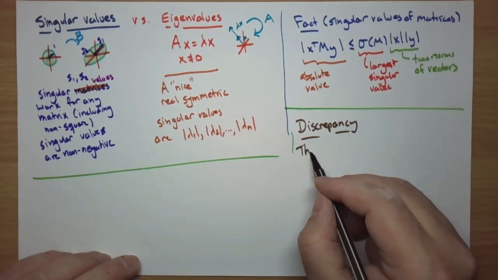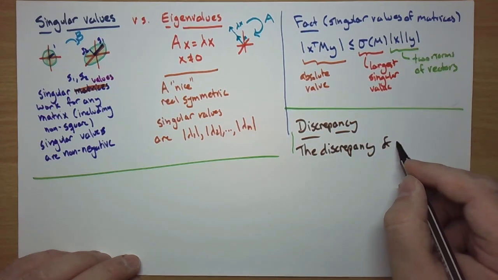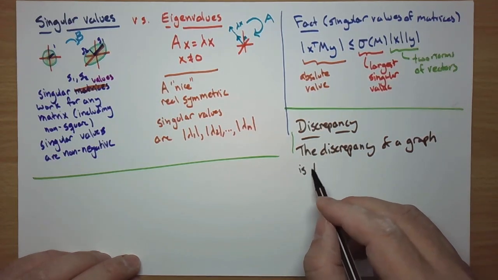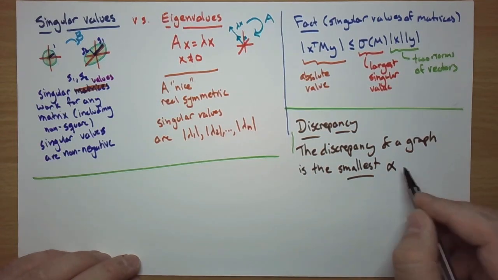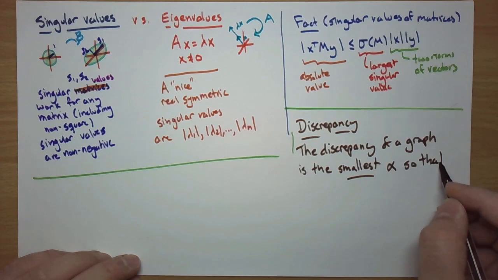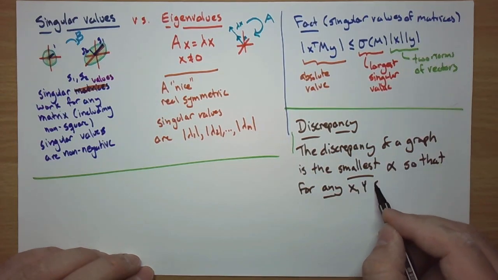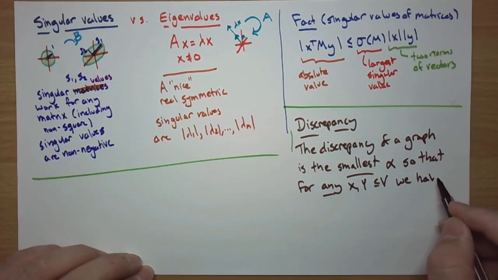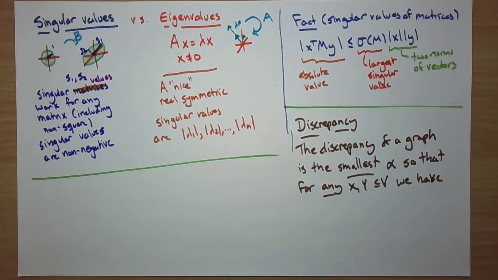So the discrepancy of a graph, it's a way to measure your graph, is the smallest alpha so that for any x, y subset of the vertices, and I'm going to pause here and I'm going to cheat by making a small change, which we're going to undo later.